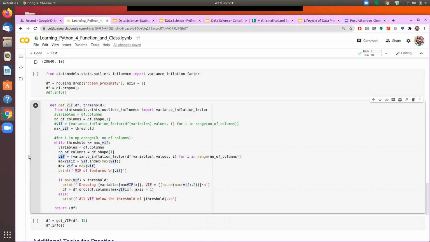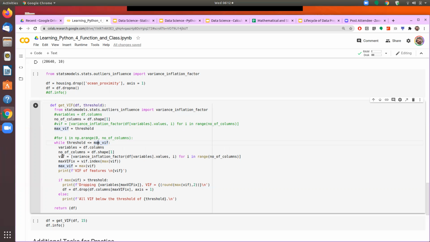And that's why I run a while loop, where I say that if the maximum VIF is higher than the threshold, continue doing whatever commands we have given in the body of this while loop. It means that if the value is higher than the threshold, remove it.